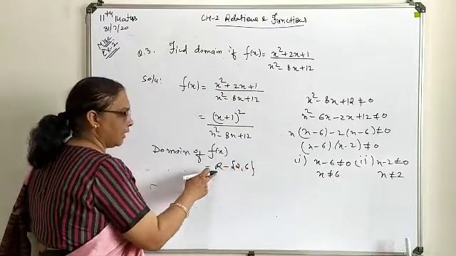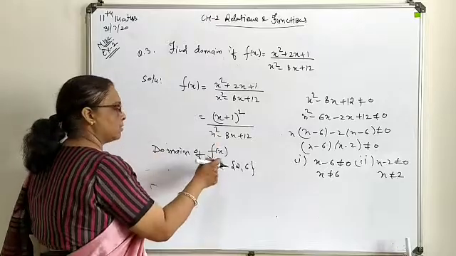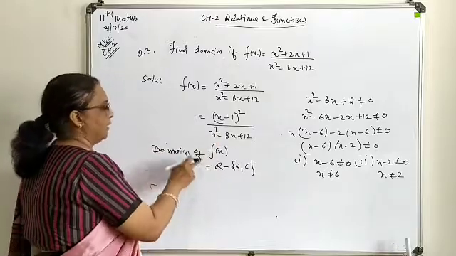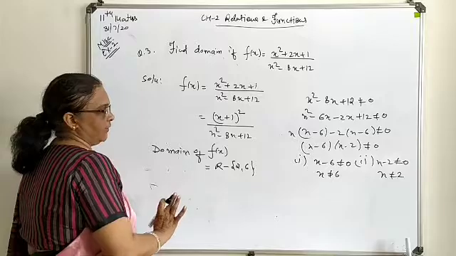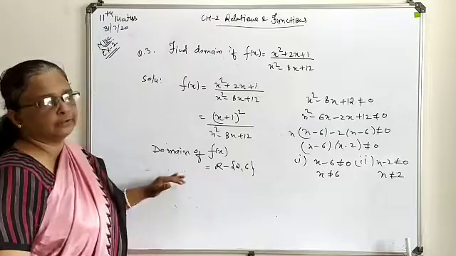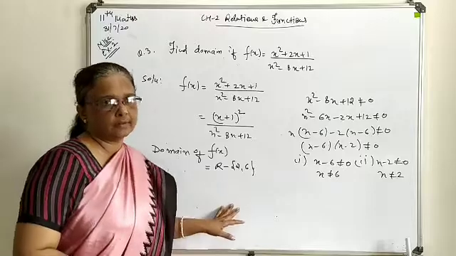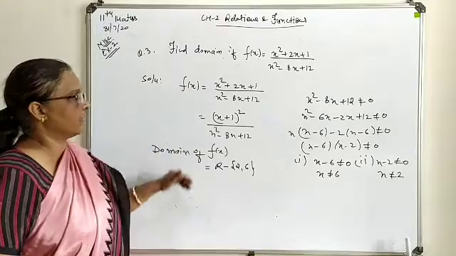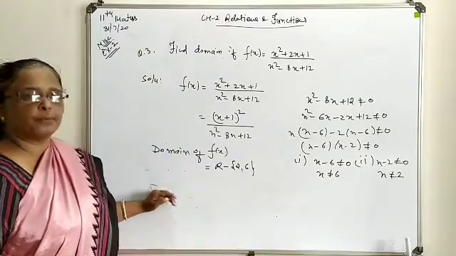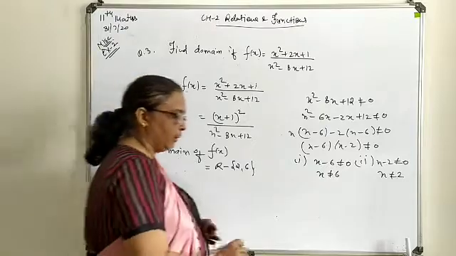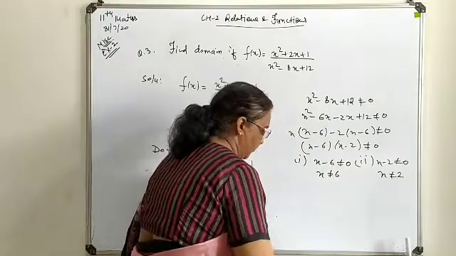These two values you cut from this group. Otherwise, any value you can select as x other than 2 and 6. So this way these fractional terms are to be discussed for domain and range.